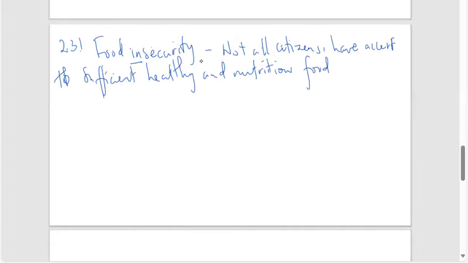We are saying there are some citizens who cannot access, who cannot have sufficient, healthy, and nutritious food. We are insecure. That's insecurity, the opposite of security.